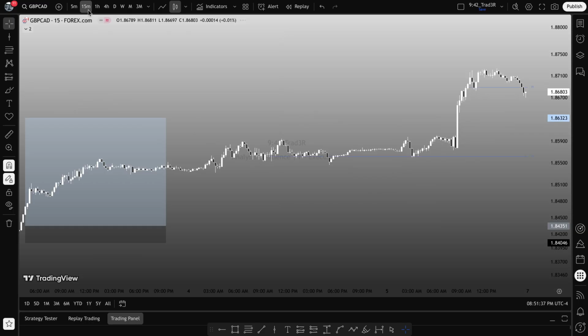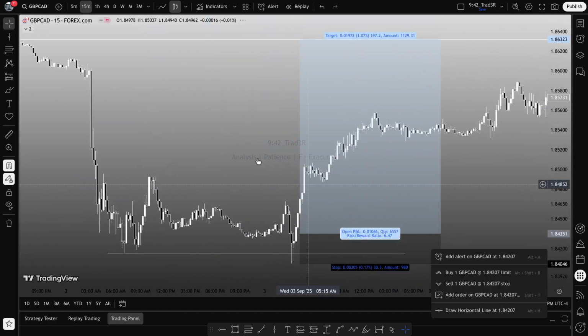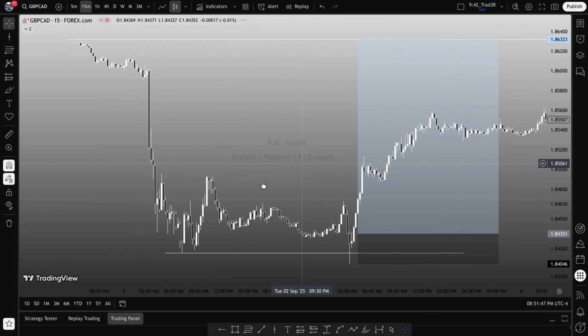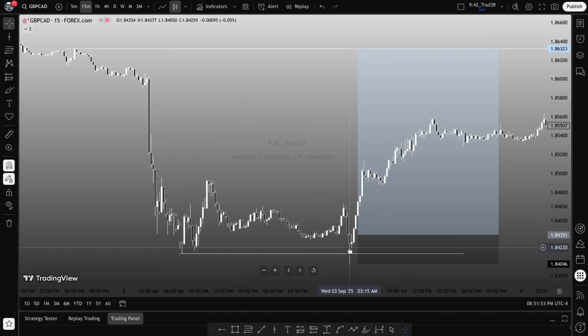So on the 15 minutes, if you zoom out pretty nicely to make the candles more visible and crunch it back to the area we had the sweep. At exactly 3:15 was when they liquidated the sell side liquidity, these old lows here, and immediately we closed above this particular down candle that took out the liquidity.